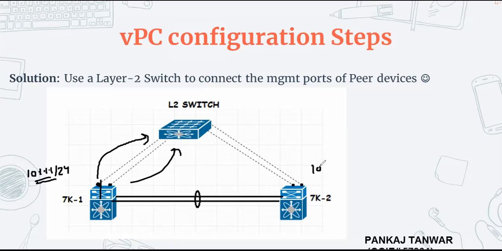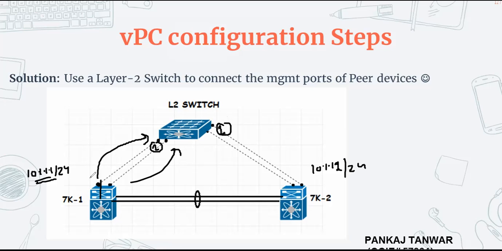And here we have 10.1.1.2/24, and let's say these are the access ports, and let's consider for the sake of argument that these are in VLAN 1.